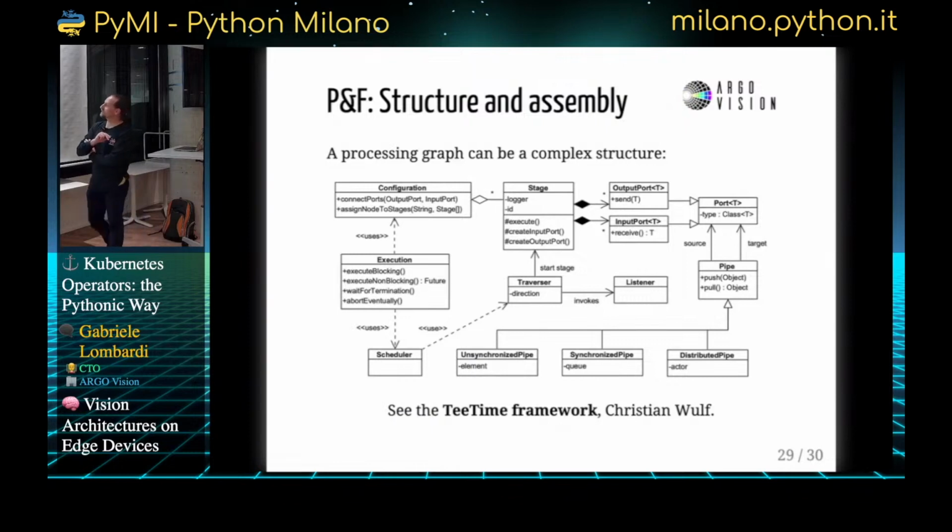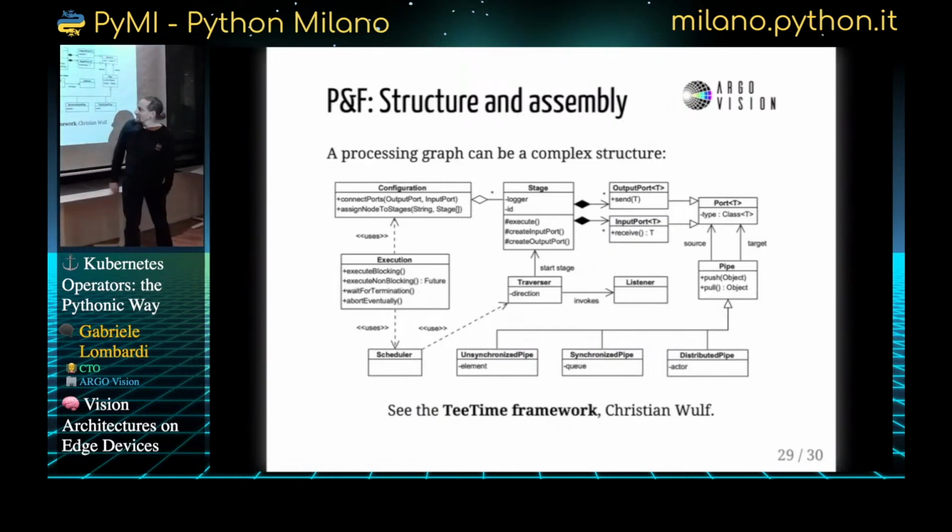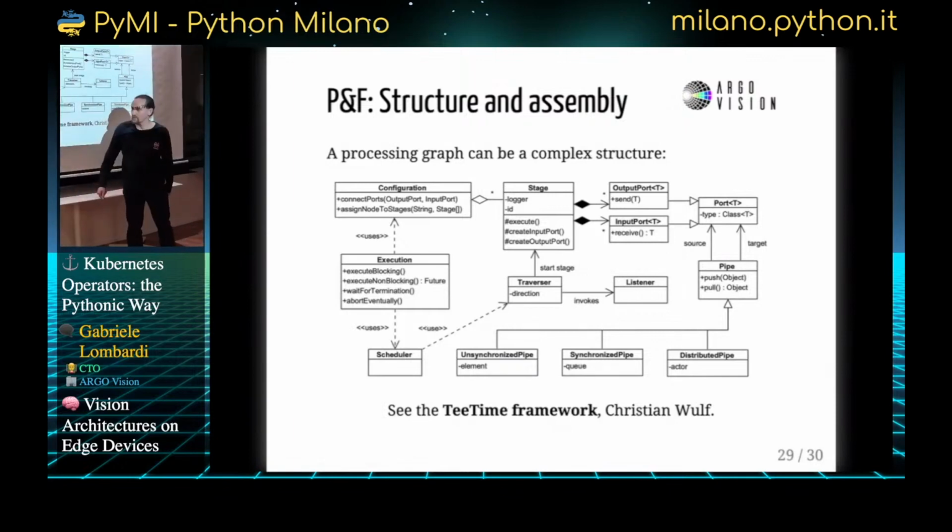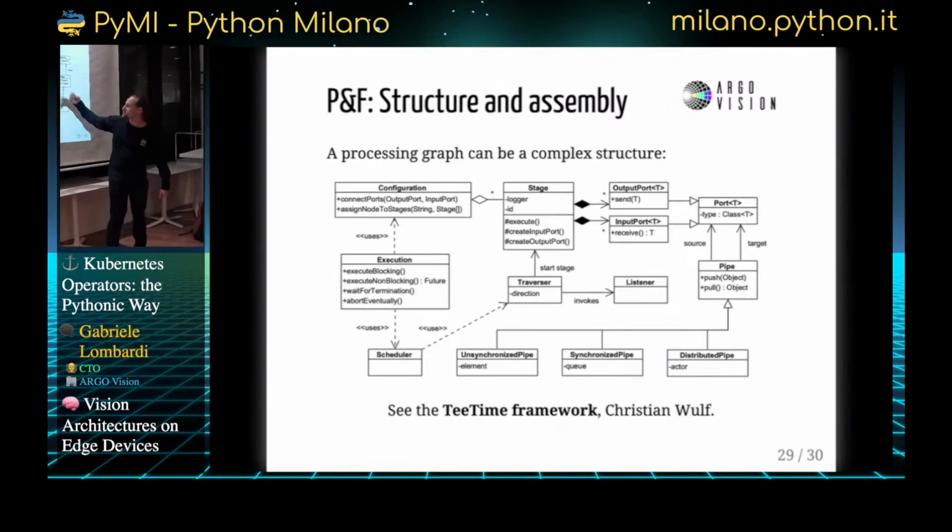This is one picture from the Teetime framework, where I represented both the structure of the graph and its execution as a set of stages described in a configuration made up of input and output ports connected by pipes and traversed by a traverser during the execution managed by a scheduler. So as you can see, it's super clean. Obviously, pipes can be distributed, synchronized. In their case, the distribution is something admitted. In our case, generally, it's not.